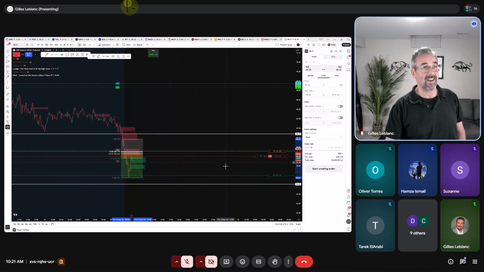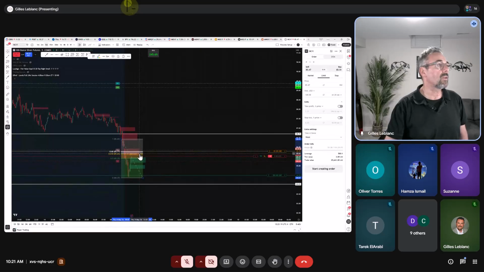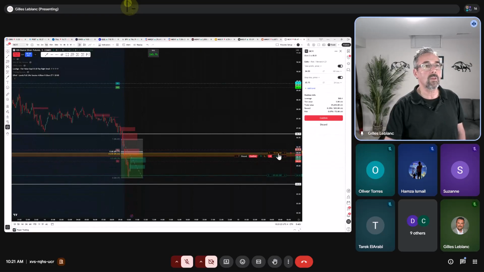Either I can get out of the trade right now because this was not my thesis, or I can bring the stop down to where it should be, right up above the 61.8. So that level is 85.64. So I'm going to bring this to 85.67, 3 points ahead. So I've tightened my stop.